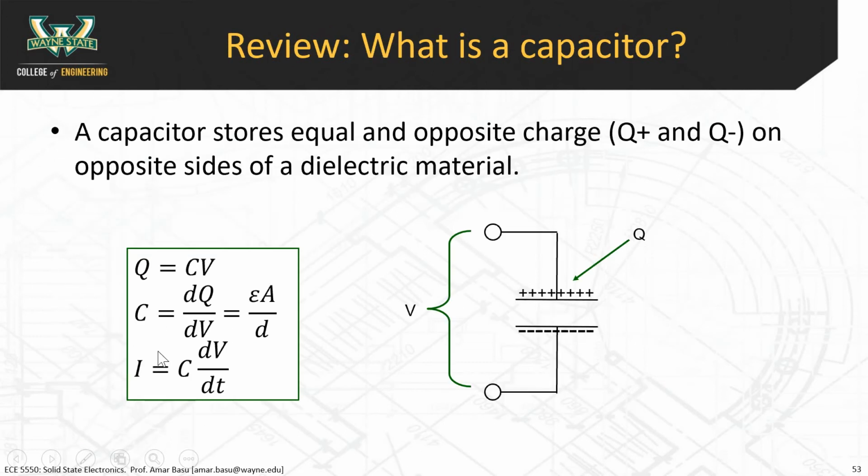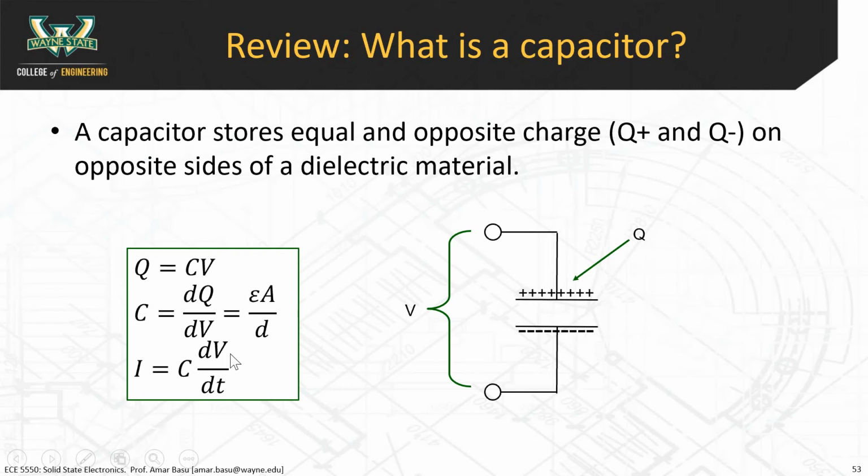These are some of the fundamental relationships of a capacitor. The charge Q is equal to C times V, so it's proportional to the voltage you put across the capacitor. If you double the voltage across the capacitor, you will double the amount of charge built up on it. So Q equals CV.